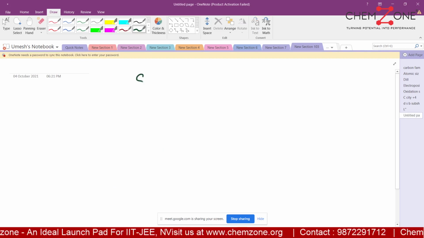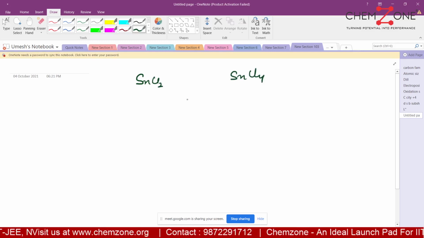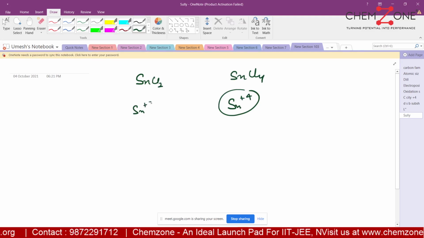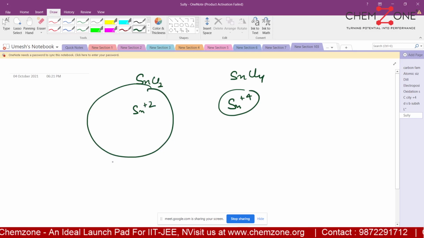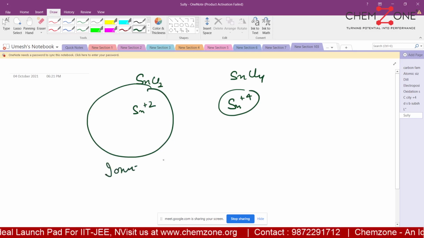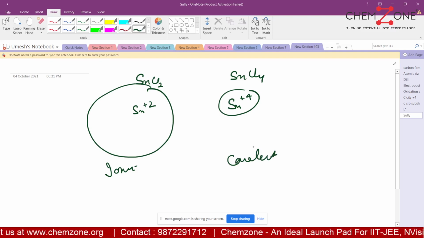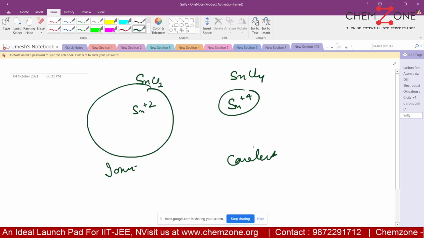But if you see SnCl2 and SnCl4, it's Sn4+ here and Sn2+ here. The element in its +4 state shows covalent compounds, and in the +2 state it shows ionic compounds. Okay.